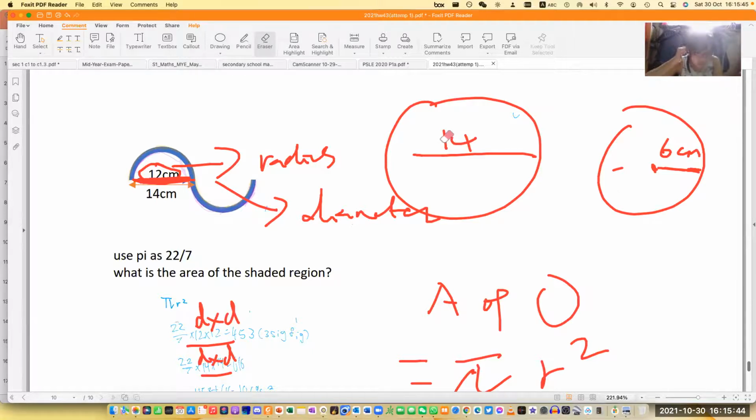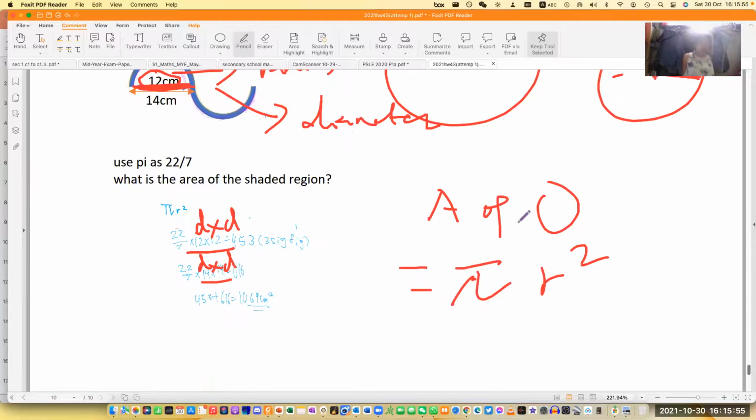Diameter. How do you get the radius? Divide. What's the answer? 7. Yeah. So instead of 12 and 14, you're going to do 6, 6, 7, 7. You will get this answer.